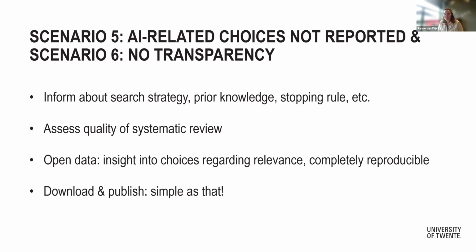So that's basically the idea of the systematic review. So this means you should inform readers in detail about the search strategy up to the inclusion of articles, so of every choice you make there. And one of the key points of a systematic review is its transparency. So yeah, I think that's an important note to make there.